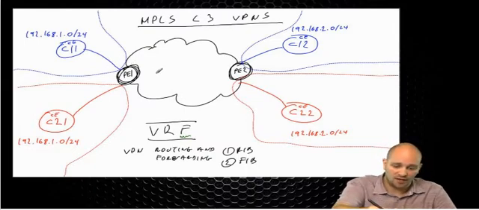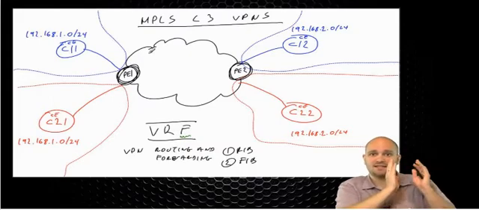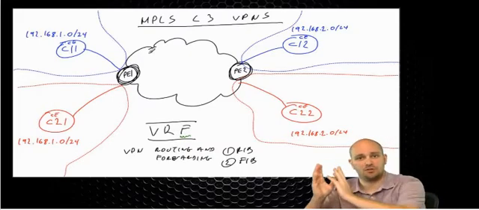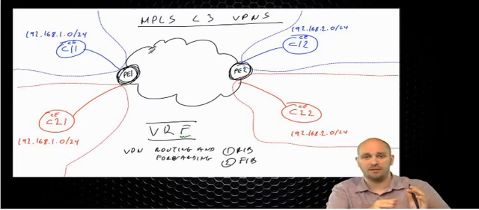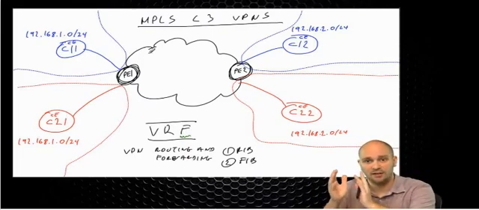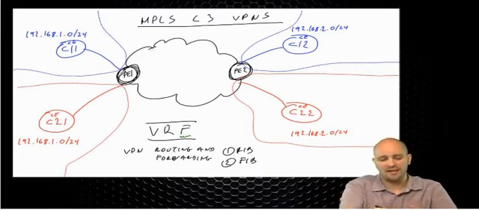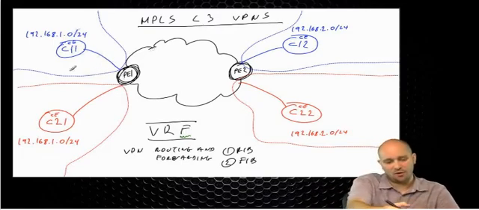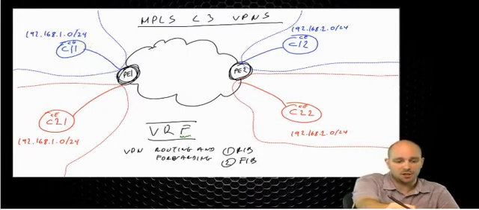So we are going to have, technically speaking, one CEF table that kind of has separate pieces, separate chunks, one that deals with the main routing table, one that deals with blue, one that deals with red. So this is going to take care of the fact that we have an overlapping address space on this one device here.